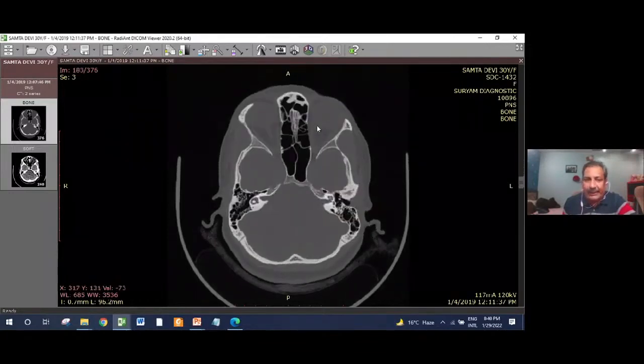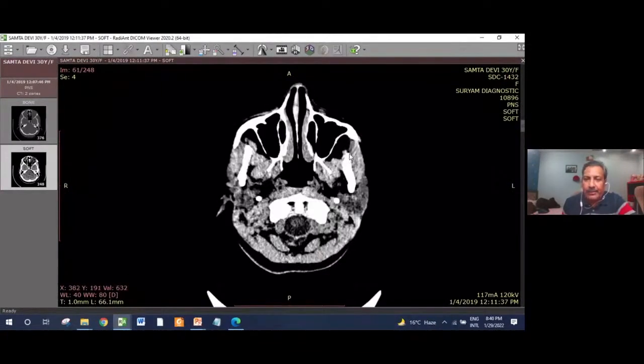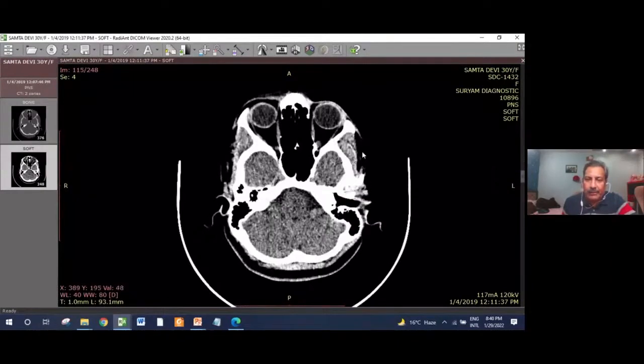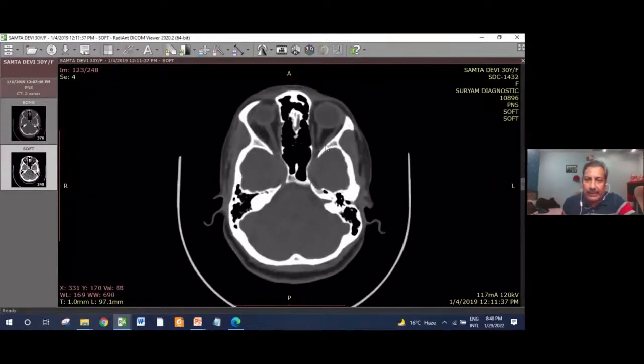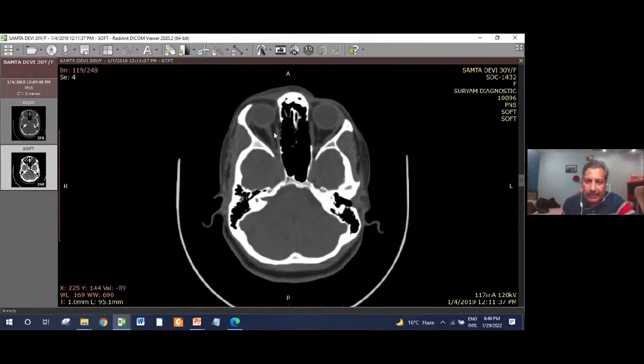All intraorbital details are best ascertained on the axial plane. So all the muscular and other details, the optic nerve, the recti muscles are best ascertained on the axial plane.